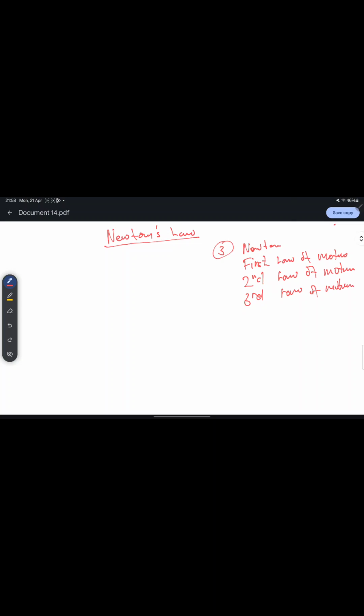So you have to know these laws by heart. Then you have to know what? You have to know Newton's law of gravitation. You have to know it by heart.